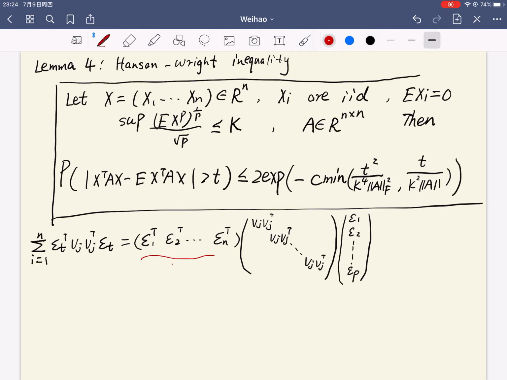This vector is 1 by Pn. This matrix is Pn by Pn. And this vector is Pn by 1.